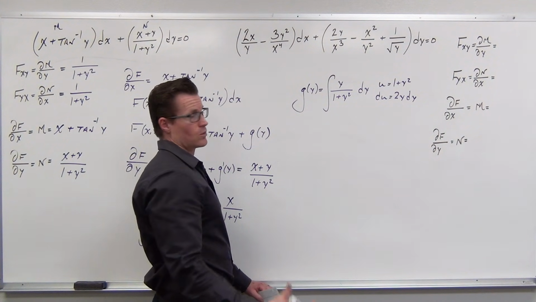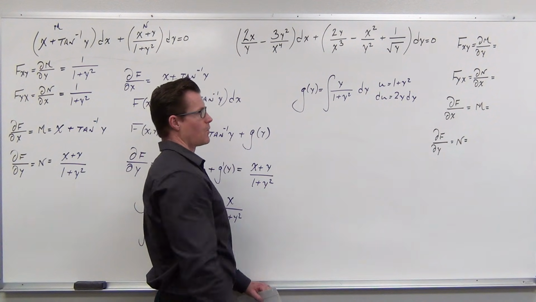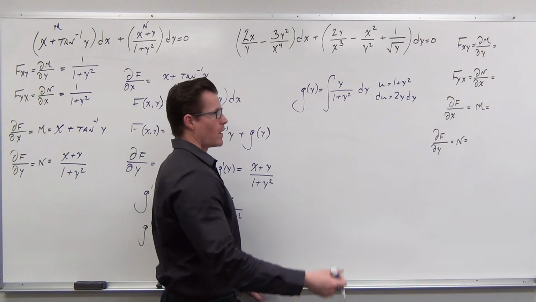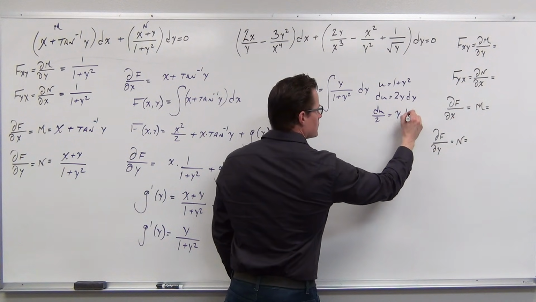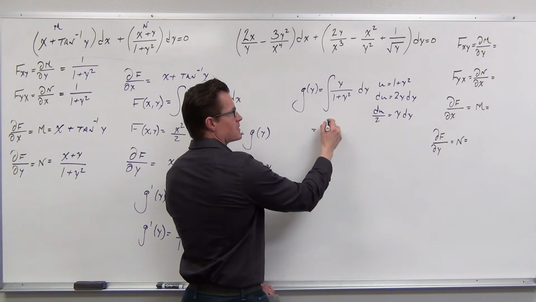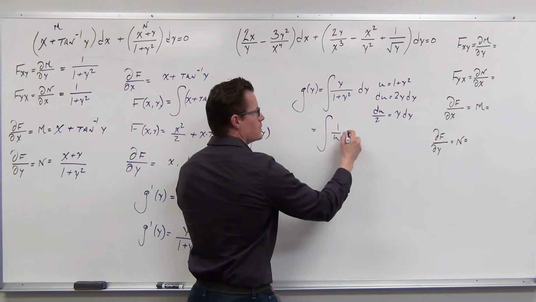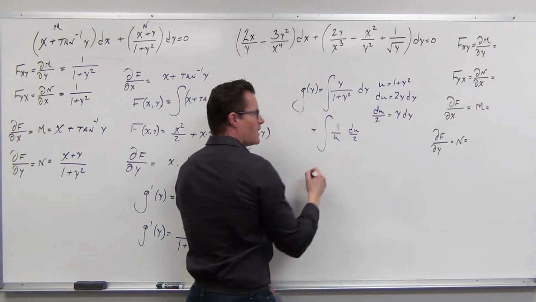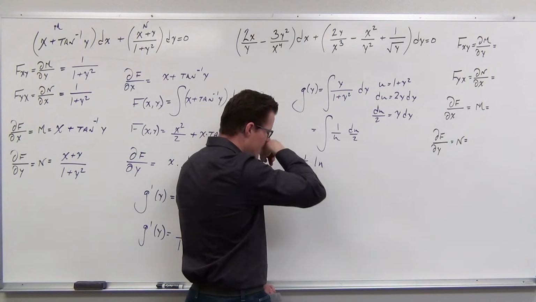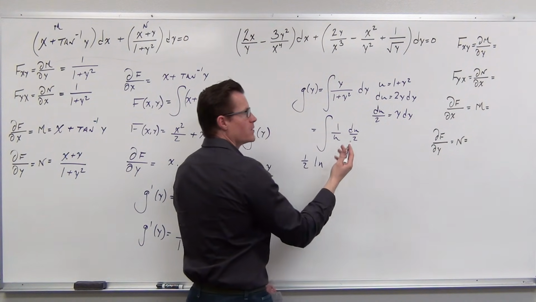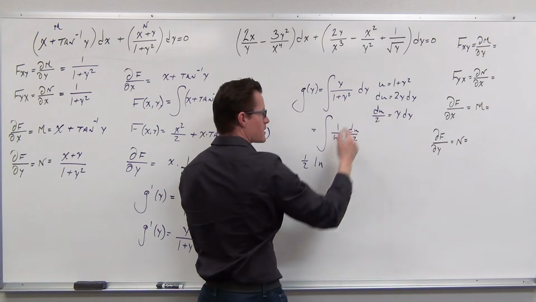Integrate with respect to y. You only have y. Shoot, it said it was a function of y. Let's solve for y dy. Let's say this is 1 over u du over 2. And what that's going to give us is 1/2 ln u. We're not going to do the absolute value. This can only be positive anyway.